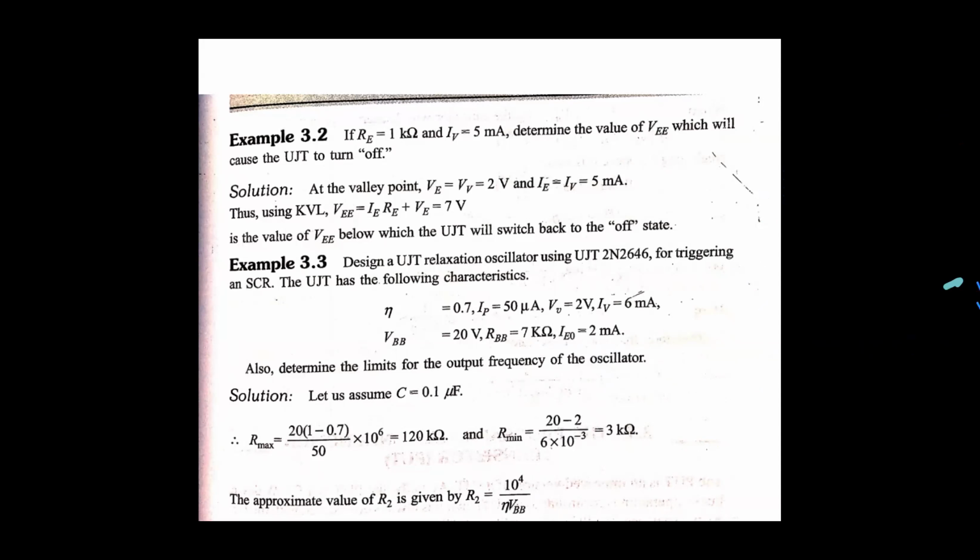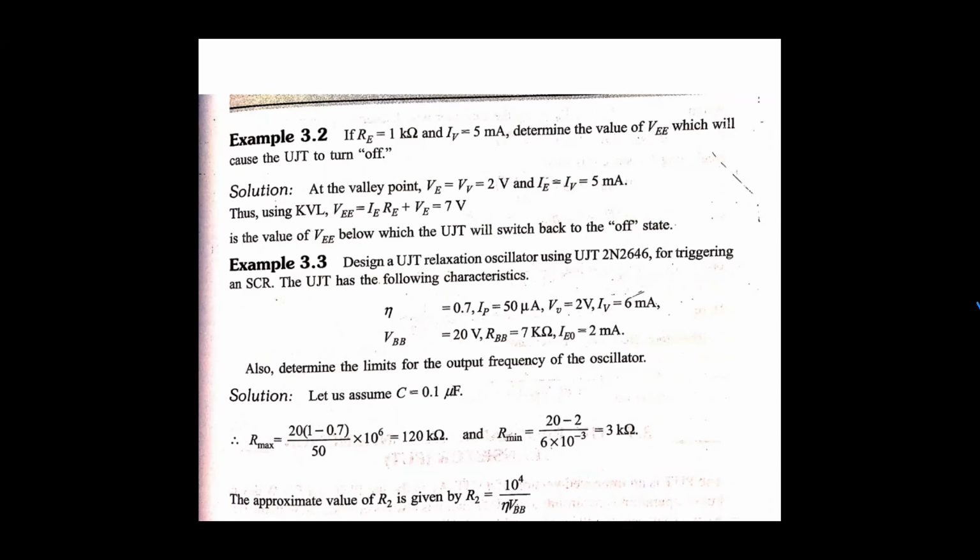Applying KVL for the input part of the circuit, VE is equal to IE RE plus VV. IE RE, the multiplication of 5 milliampere into 1 kilo ohm, gives 5 volts, plus VV which is 2 volts. 5 plus 2 is 7 volts. So this is the voltage for the UJT to be in the off state.